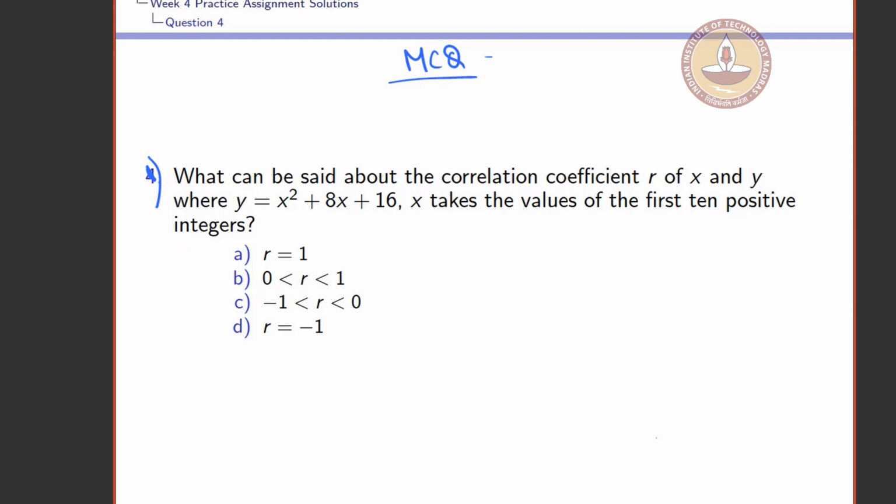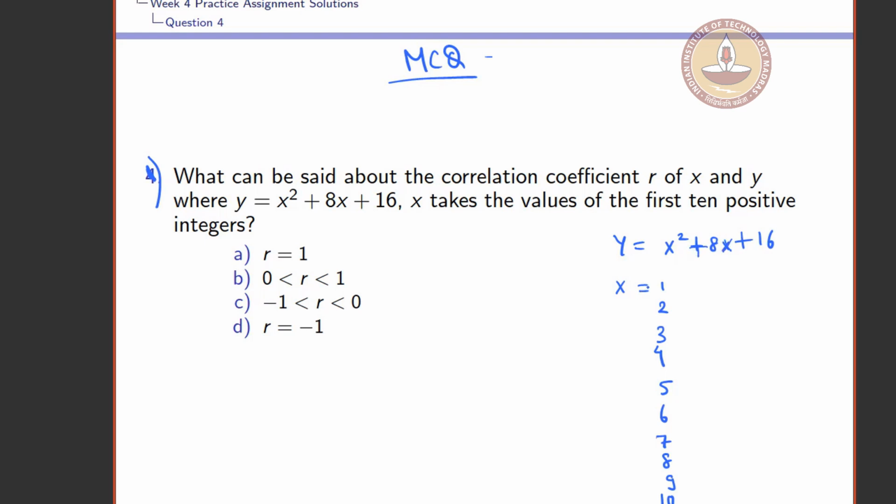So we have an equation y equals x square plus 8x plus 16, and x is taking the values of the first 10 positive integers, that is 1, 2, 3, 4, 5, 6, 7, 8, 9, 10.